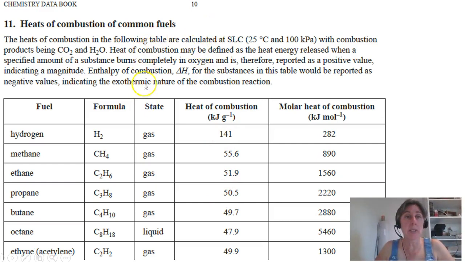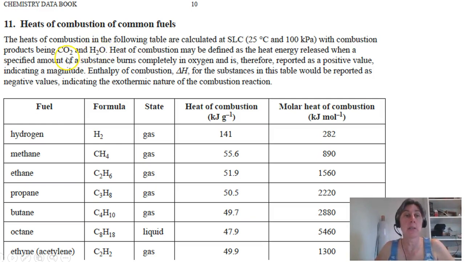The data booklets, this information up here, they keep changing it. So they went through about 3 different data booklets last year, because when it's at standard laboratory conditions, they had written in here that the water produced would have been a liquid.